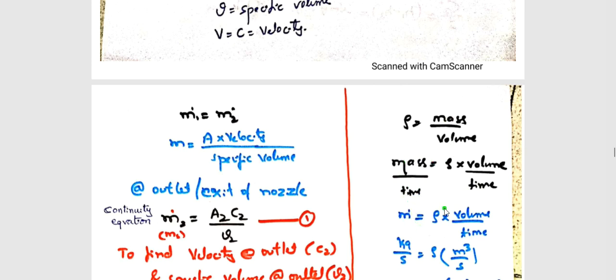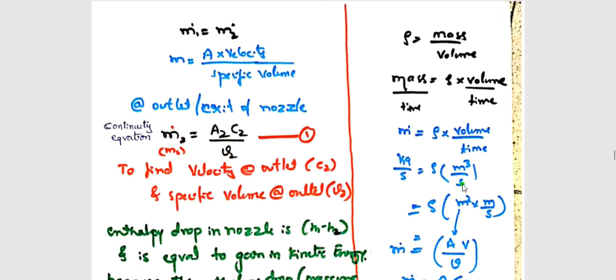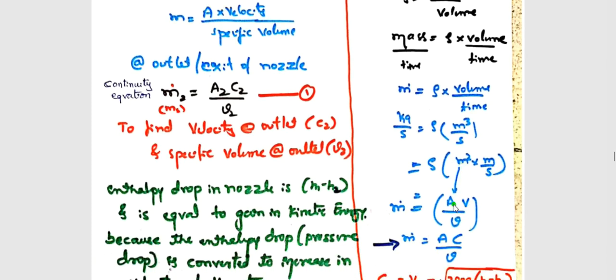Density stays as it is, and volume divided by time is written as it is. The unit of mass is kg, time is second. The volume unit is meter cube, time unit is second. If you split meter cube into two parameters, meter square into meter, meter square is the unit of area, and meter per second is the unit of velocity.